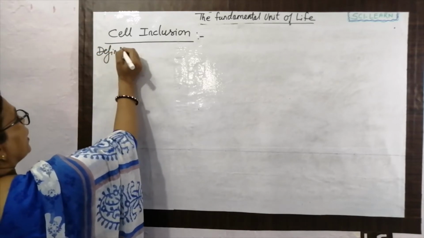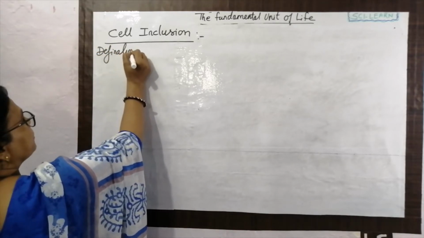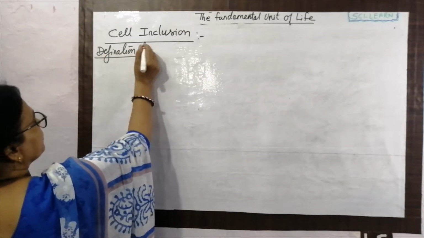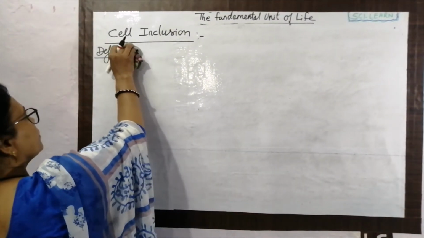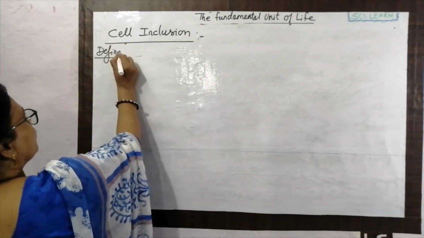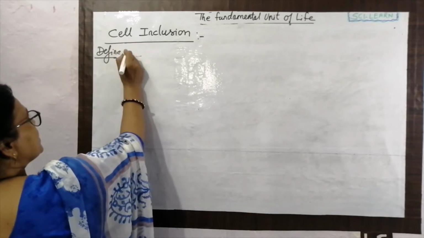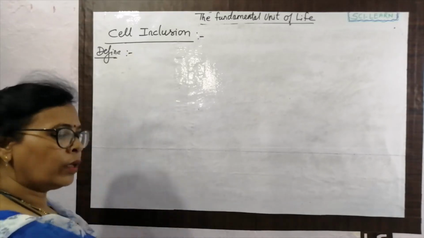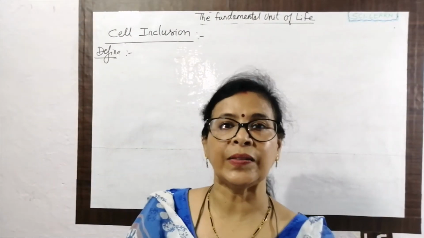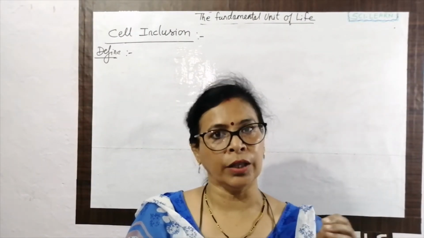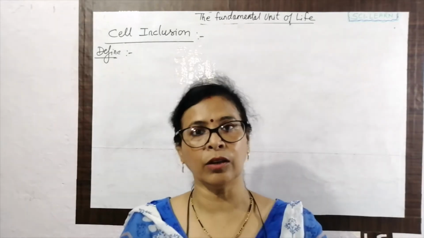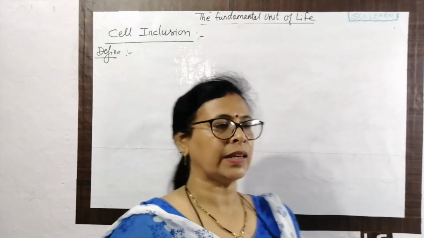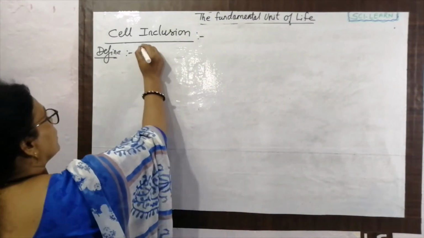Okay, what is cell inclusion? First we have to define it. Definition. All the substances present other than cell organelles, all nutrients, all the pigments present in the cell other than organelles, are called cell inclusion.